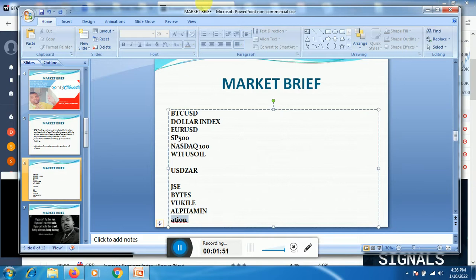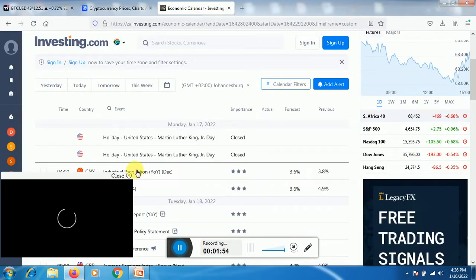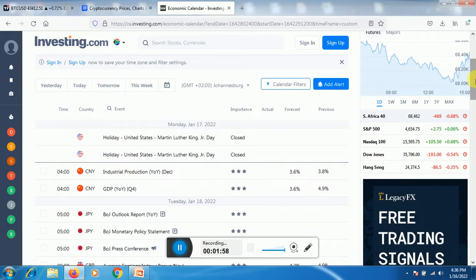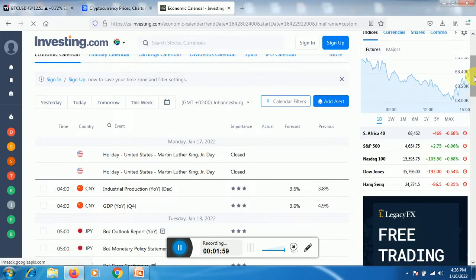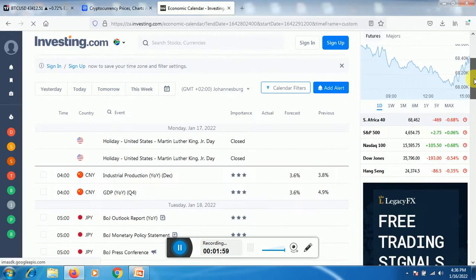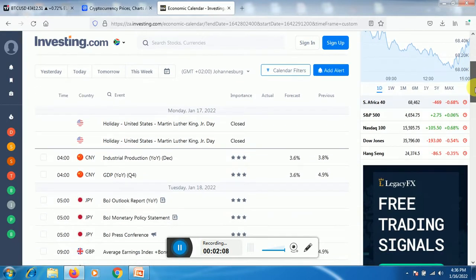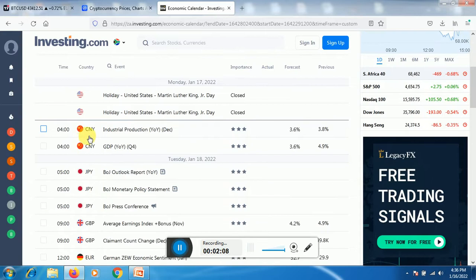If we are looking at the economic data that is going to be coming out this week, on the US side there's going to be a holiday, Martin Luther King Day, so it's going to be a half session tomorrow on the US front, and then there's going to be some data coming out of China overnight.